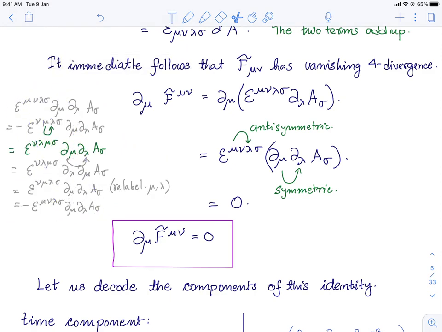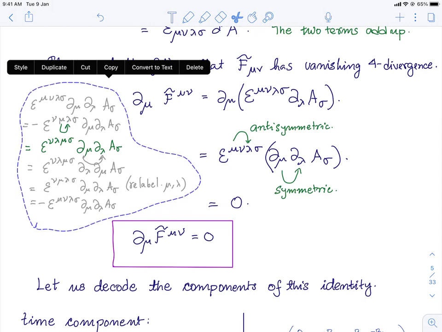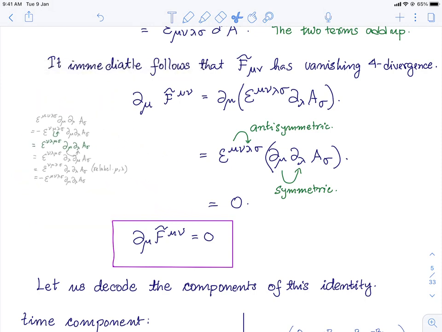So as soon as I define my dual field strength tensor, this object vanishes identically. This is just the algebra for this step.